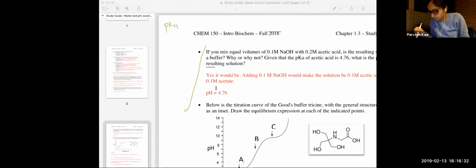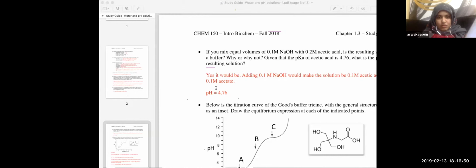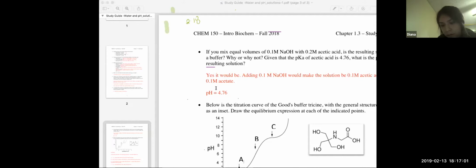And pKa1 for lysine is 2.18, the other one is 8.95, and the third one is 10.53.